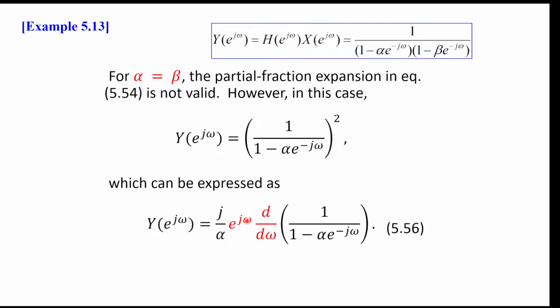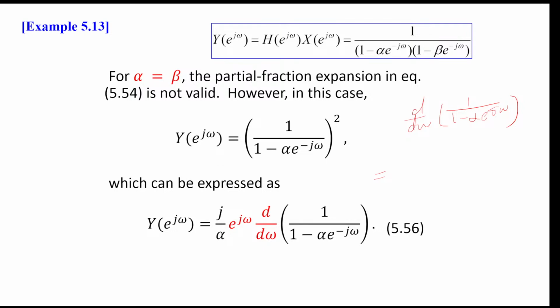Okay, I guess we should write down, we have extra terms, so let's write down all the calculation here to make sure we don't do things wrong. So d d omega of 1 over 1 minus alpha e to the minus j omega. Let's try to do some calculus.